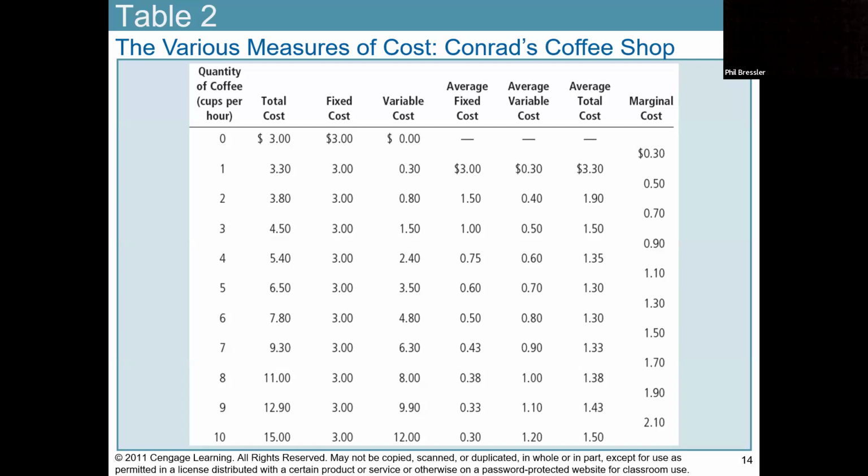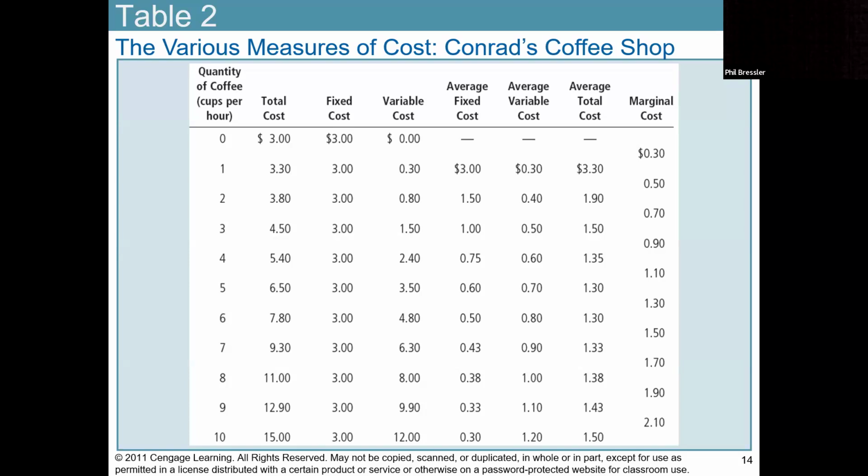Now, for the second item, fixed cost is $3 divided by 2 for the average fixed cost of $1.50. The variable cost is 80 cents divided by 2. Average variable cost is 40 cents. And the total cost is fixed plus variable. So it would be $1.50 plus 40 is $1.90.